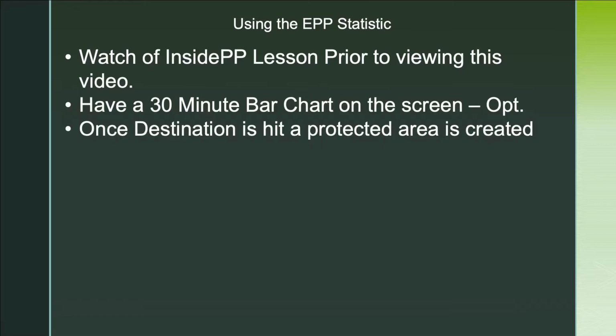And in a future lesson, we'll be considering the CIPP statistic, which will work in harmony with the EPP statistic. So it's very important. It's really best to learn them in this order. So if you watch those lessons in this order, that's why we say the Inside PP lesson should be watched first, then the EPP lesson, and then the CIPP lesson that's going to be released here shortly.